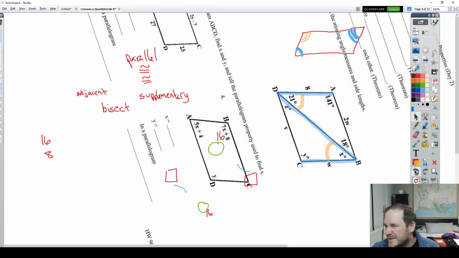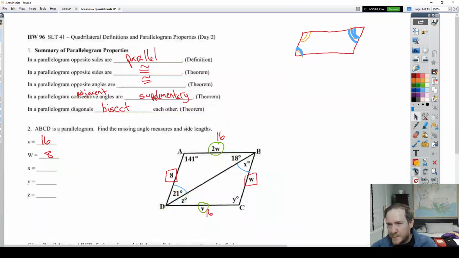Let me just undo all that. Anyway, hopefully you could see that better by just kind of twisting your paper. So x is 21. And there's no work to show on that. If you just say 21, you're going to get full credit. So now to find y is even easier because we said opposite angles are congruent. And here's 141, here's y.